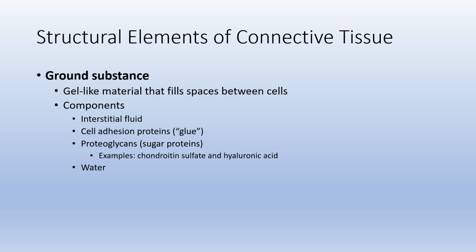We will also see interstitial fluid, which is another name for tissue fluid. We will see certain adhesion proteins that are there to hold the cells of that tissue together. And lastly, we will see proteoglycans, such as chondroitin sulfate as well as hyaluronic acid. Those two are extremely important in cartilage health as well as ligaments and tendons.